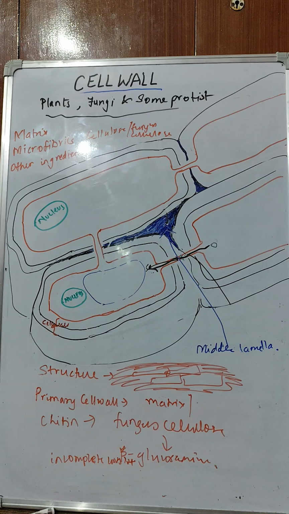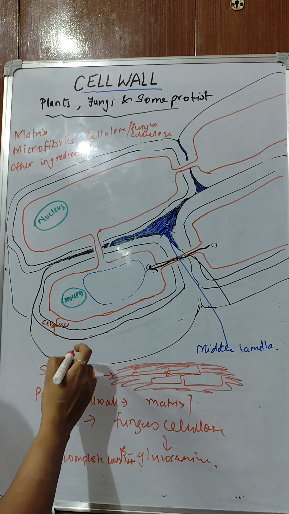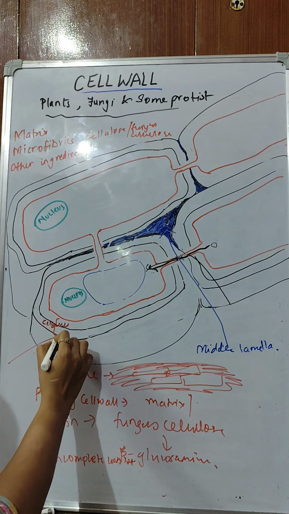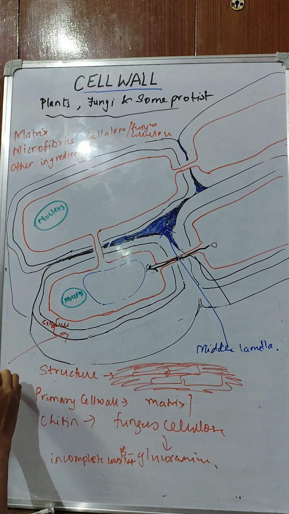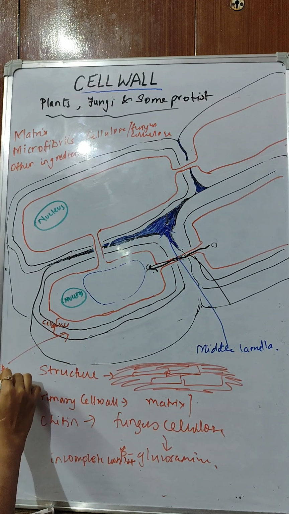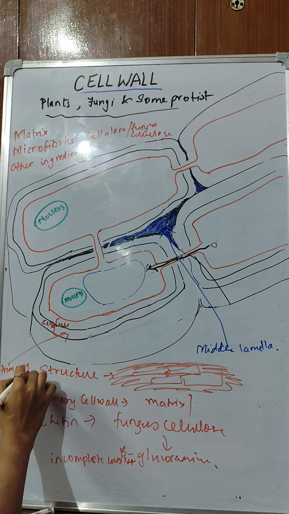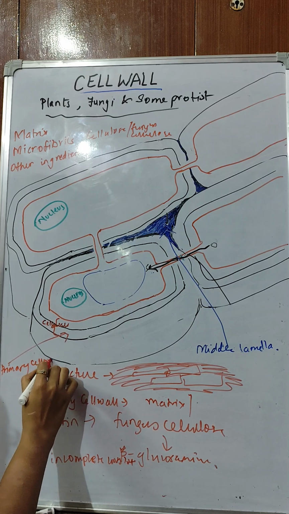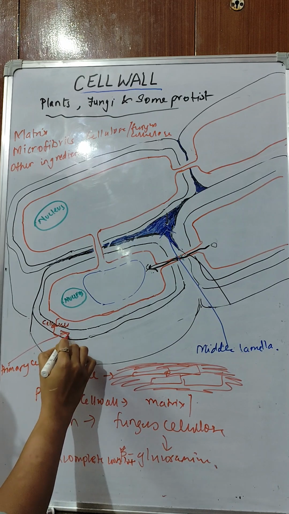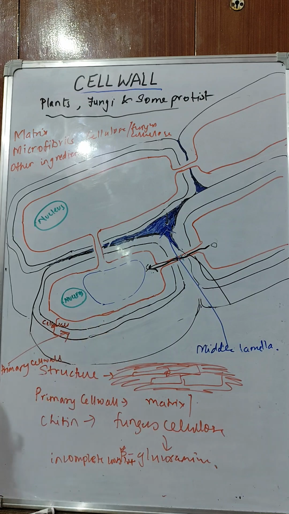Now next is your secondary cell wall. Here in the diagram you can see this is your primary cell wall, and I have shown the secondary cell wall also. Now let's see the secondary cell wall.